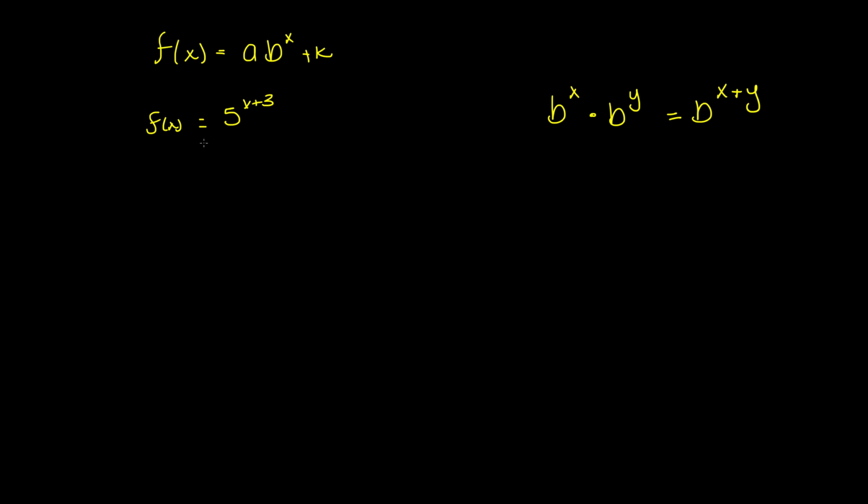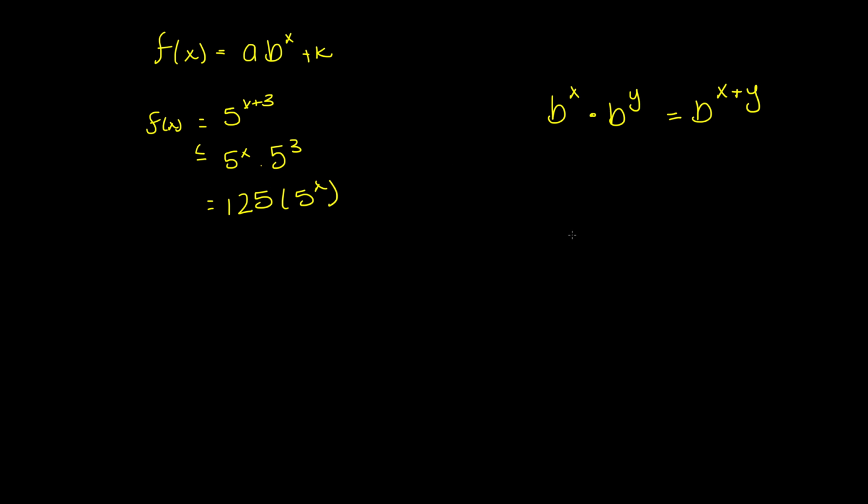So looking at this, we have 5^x times 5 cubed. And 5 cubed, I think, would be 125, times 5^x. So now we have it in the a·b^x format.